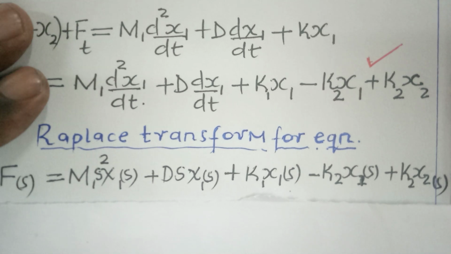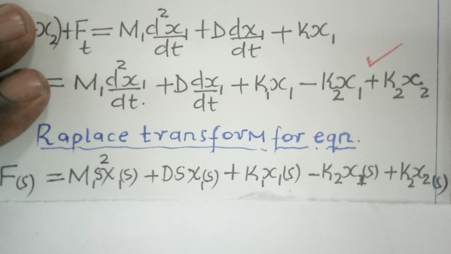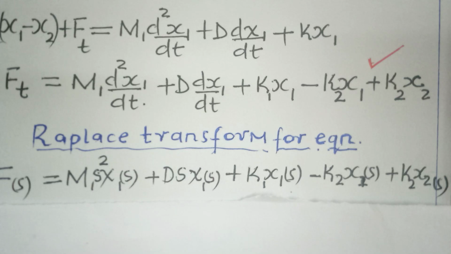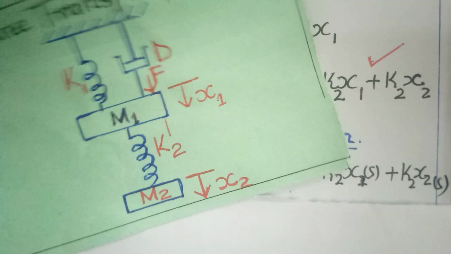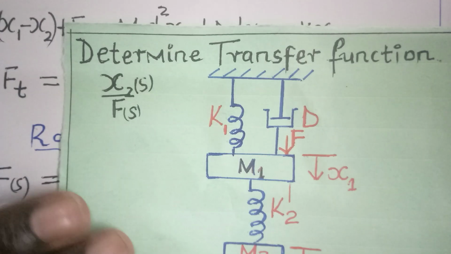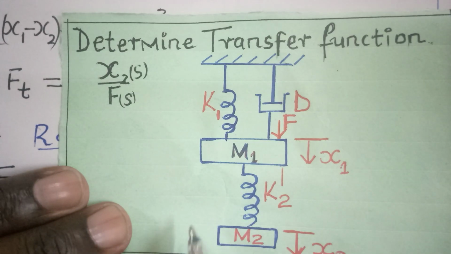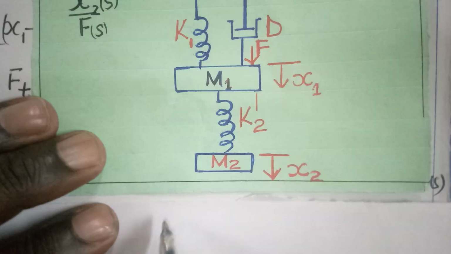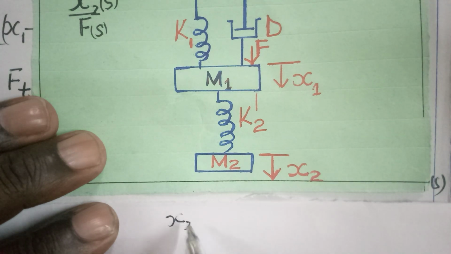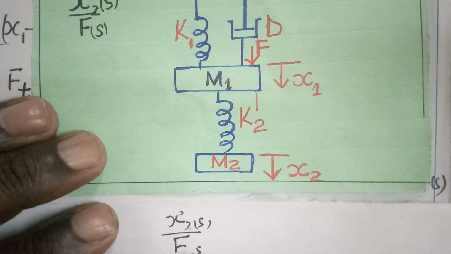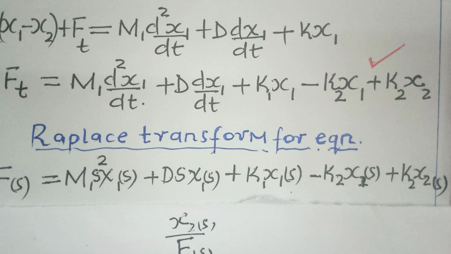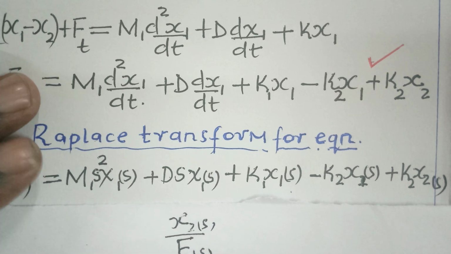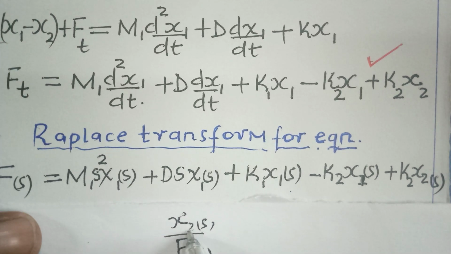From there, guys, we can now factor out, because as you can see in our figure here, we are asked to find X2(s) all over F(s), which is our transfer function. And so guys, we are going now to factor out the X1 because we want to remove the X1 finally.